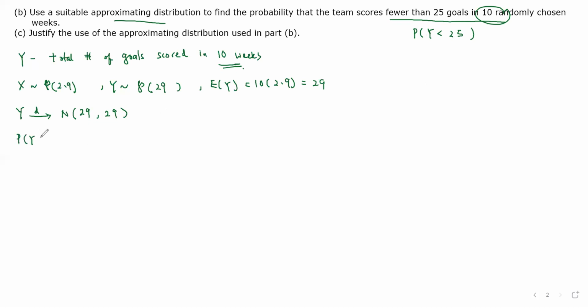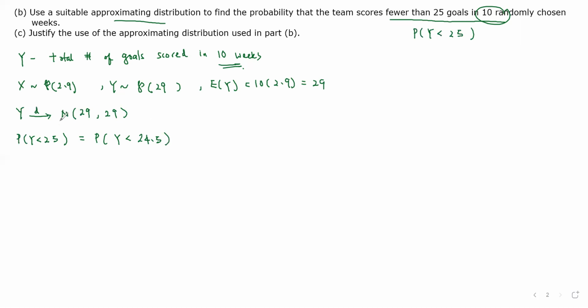The probability that Y is less than 25 becomes the probability that Y is less than 24.5. Remember, we are approximating a discrete distribution with a continuous distribution, so we have to apply the continuity correction. If it is less than 25, you just subtract 0.5 from 25.